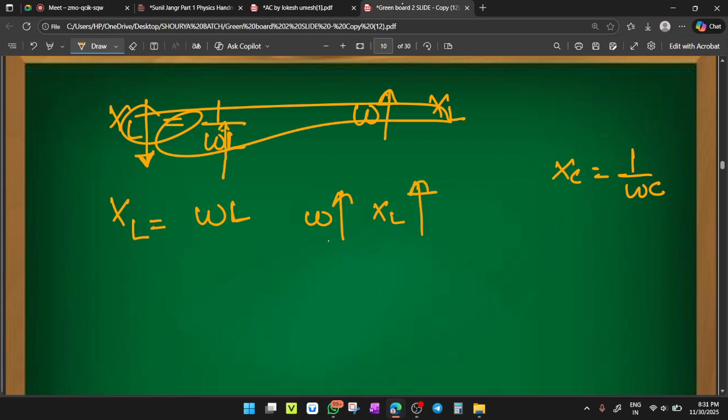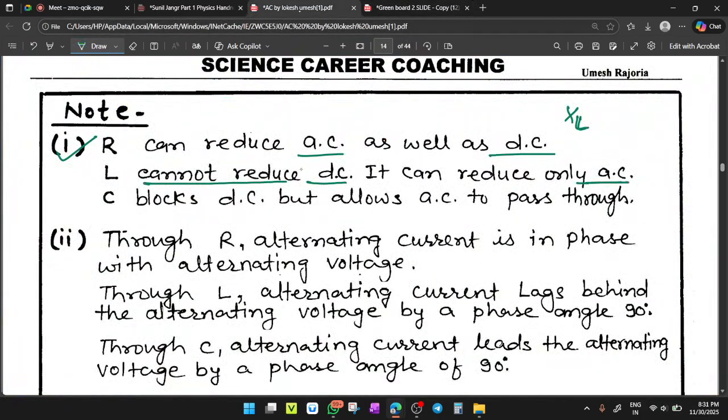Clear? Means for high frequency AC, reactance will be high. So it will oppose AC, but it will support DC. Means it will reduce AC, but it will not reduce DC. So L cannot reduce DC, it can reduce AC only. Clear or not clear? Because XL equals omega L. So for AC, omega will be high, so XL will be high.